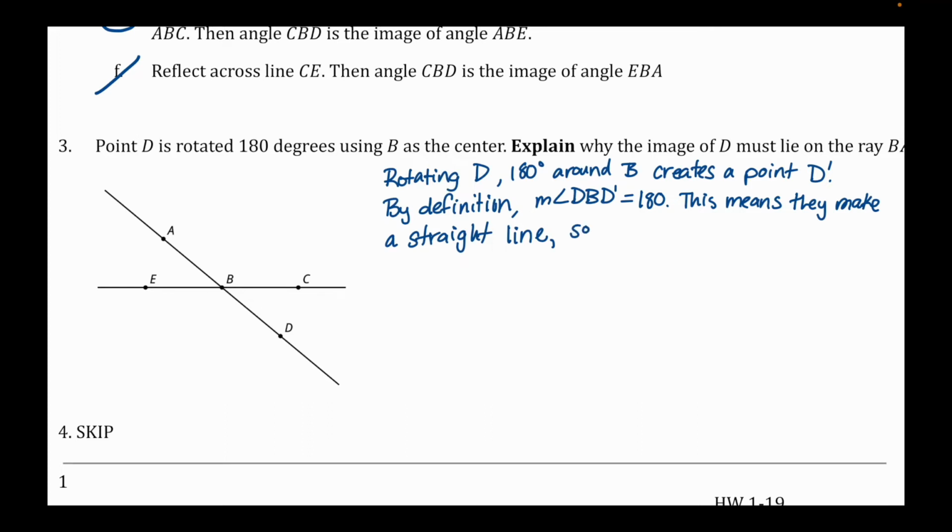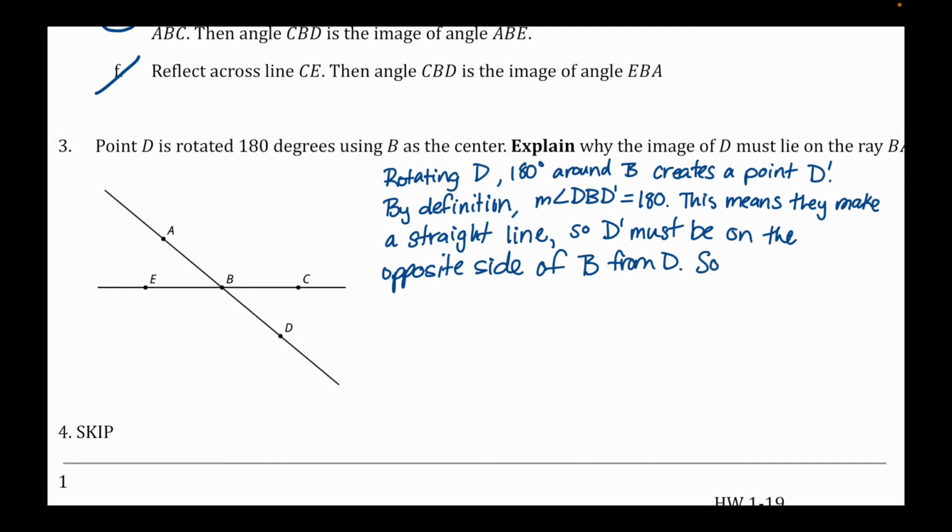So D prime must be on the opposite side of B from D. It's actually important that we say that it's opposite from D. I was just thinking by default it's opposite, but it needs to be across from D on the other side.